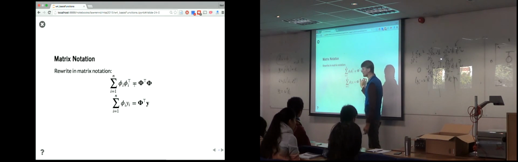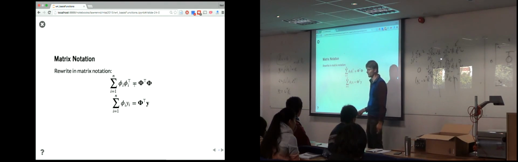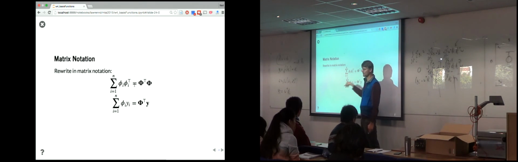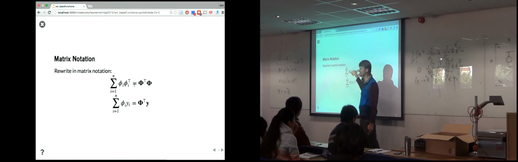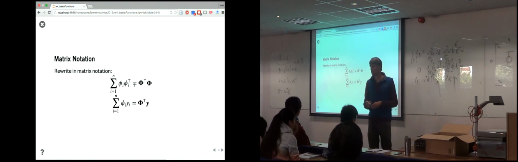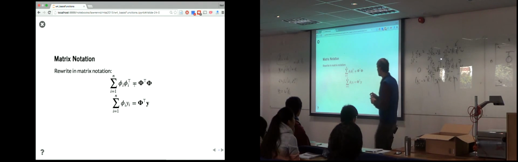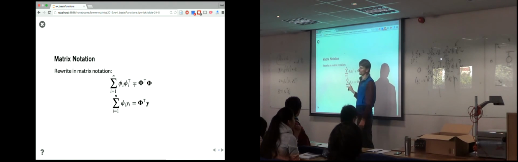In this form, each phi is turned on its side, multiplied by its relevant yi, and then summed again, the sum being in the matrix multiplication. So you can get rid of these sums. These two little rules take a little bit of thinking about, but once you've thought about them, I would remember them. They're real important notational conveniences.